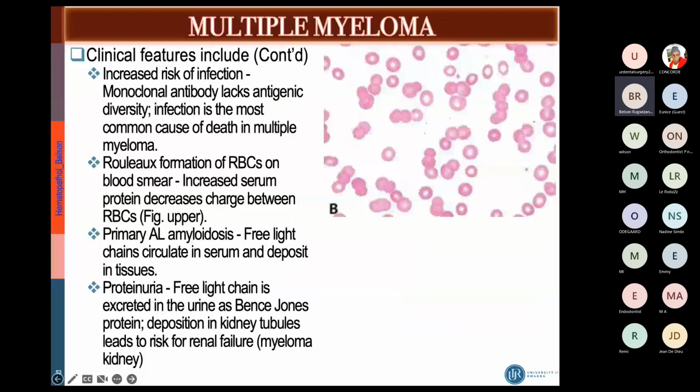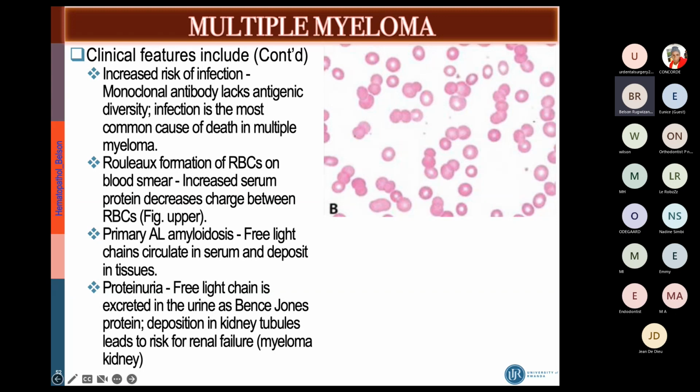So the clinical features, we continue because others are presented here. We have increased risk of infection, since gamma globulin, which helped reduce infection, is now abnormal. There is rouleaux formation of red blood cells on the blood smear, and primary AL amyloidosis.